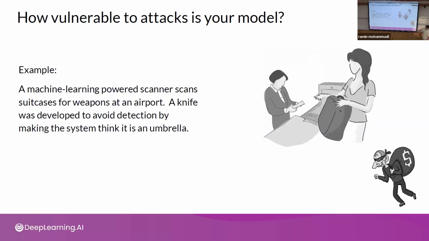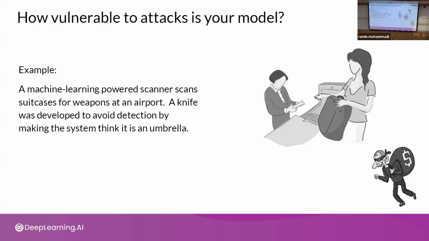The other thing is when you go to an airport and your bag goes through a security check, those security checks are technically doing some sort of image processing, and you need to ensure those models are strong.